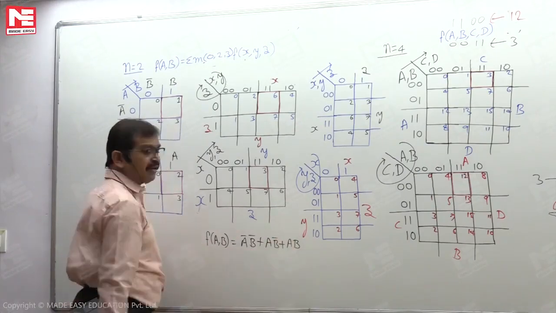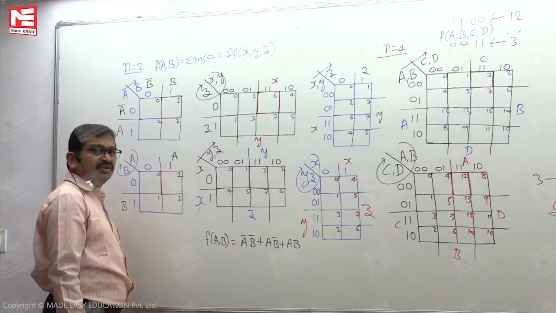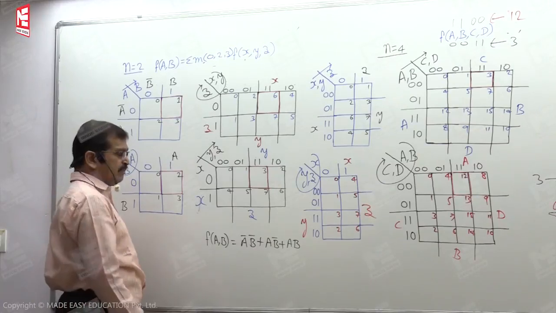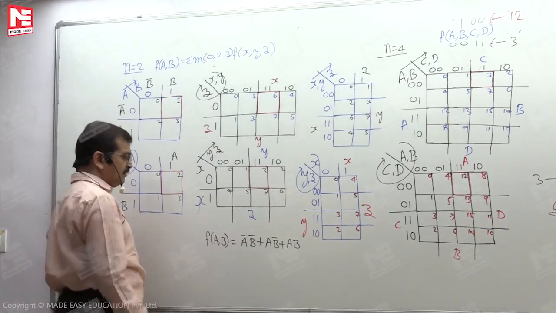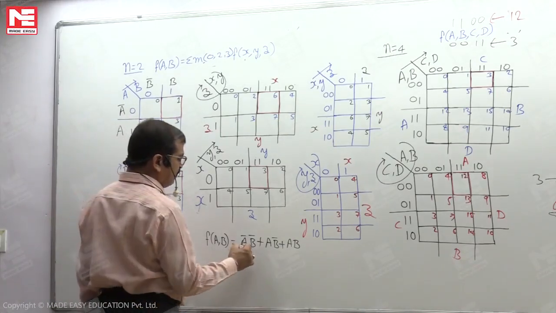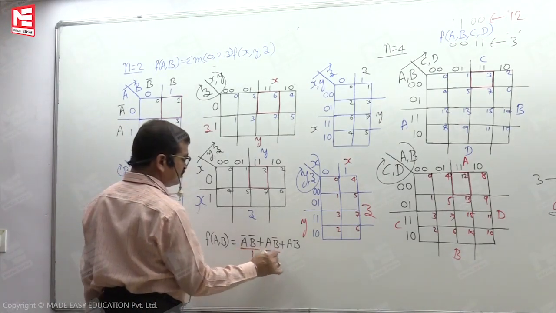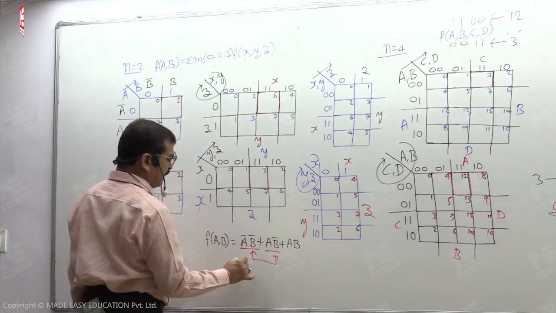After reading the expanded canonical SOP form, our work is simplification. For that purpose, we are grouping the terms. We have the possibility to group these products, which gives B bar using properties.